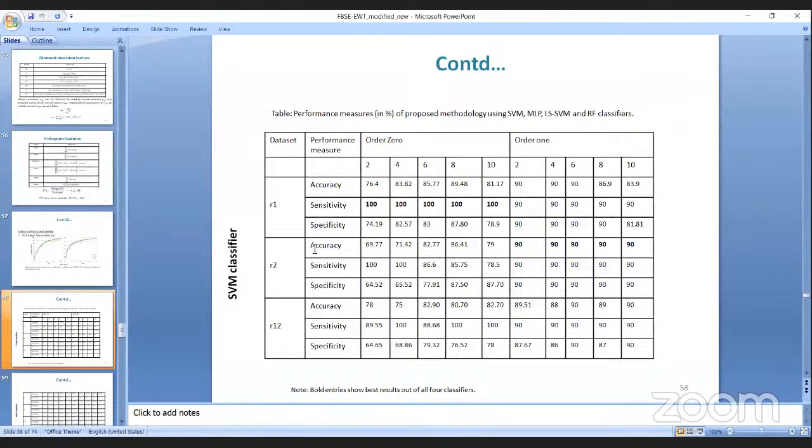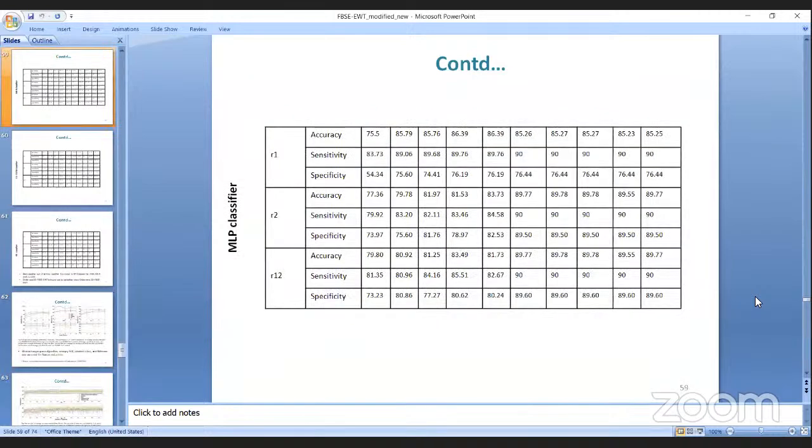This table shows the performance measures in terms of accuracy, sensitivity, and specificity. Similarly, we can see the performance in percentage for accuracy, sensitivity, and specificity for the R1, R2, R12 databases using the multi-layer perceptron classifier.